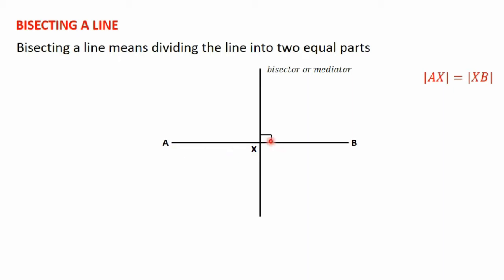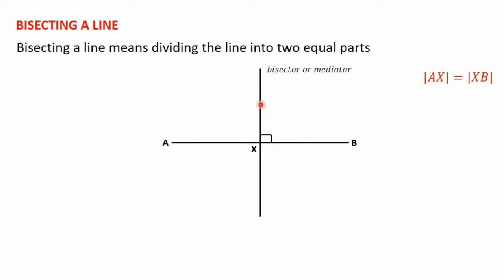In the videos on plane geometry, we learned that when two lines meet and the angle formed between them is 90 degrees, those two lines are said to be perpendicular to each other. Here, the angle formed between the bisector or the mediator and the line AB is 90 degrees.